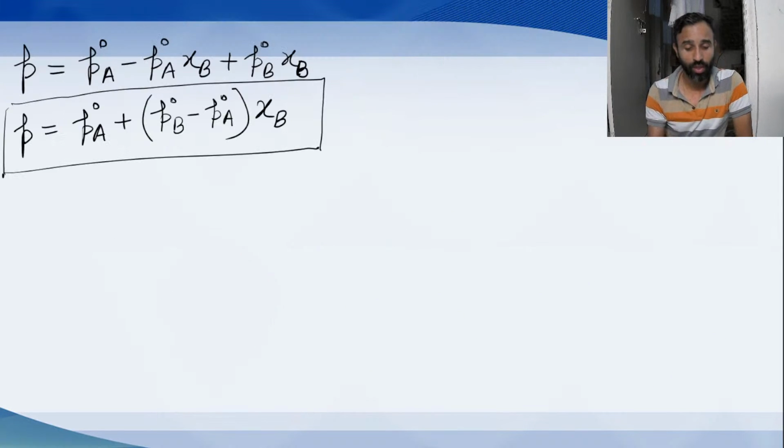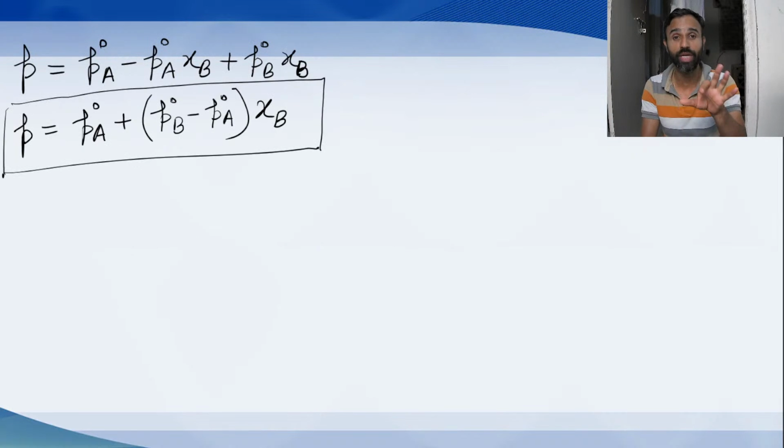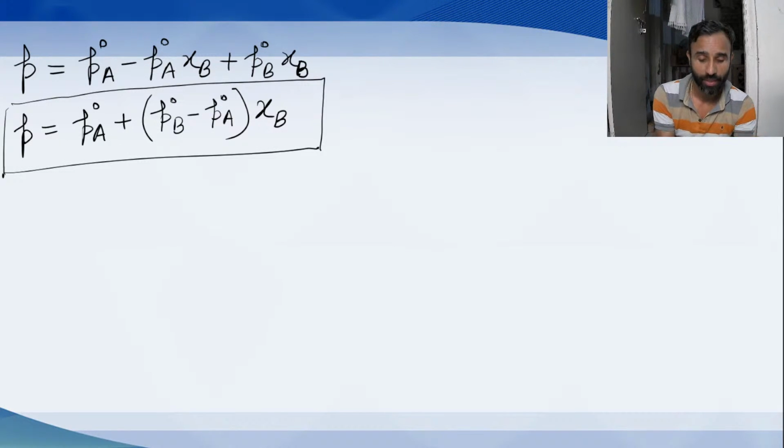So now what do we need? We need P naught A, that is given to us. What else is required? P naught B, again given to us. P naught A and P naught B are given to us, but what is not given is XB. So from here the question actually starts. XB we have to calculate. Now what is the formula of XB?